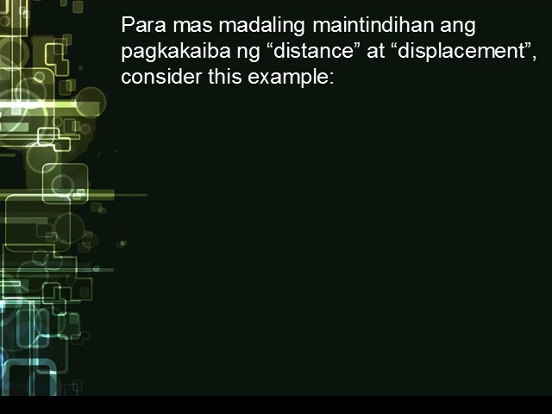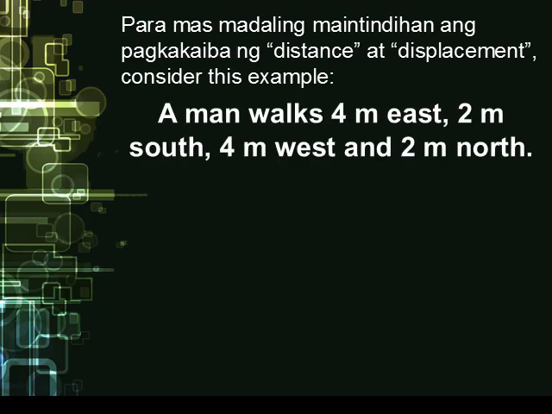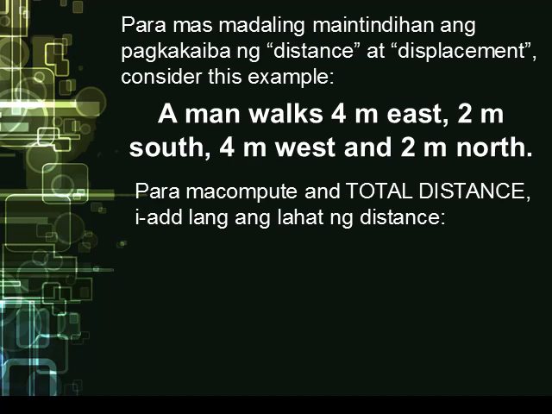So, para mas madali nating matandaan yung pagkakaiba ng distance and displacement, let's have an example. Okay, so for example, a man walks 4 meters east, 2 meters south, 4 meters west, and 2 meters north. So, para ma-compute natin yung total distance, ang kailangan lang natin gawin, i-add lang lahat ng distance.